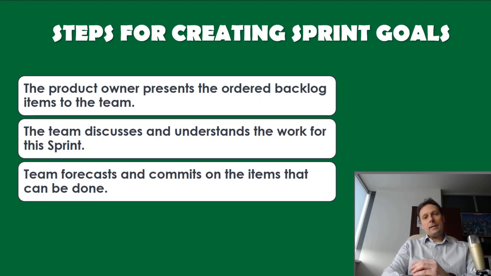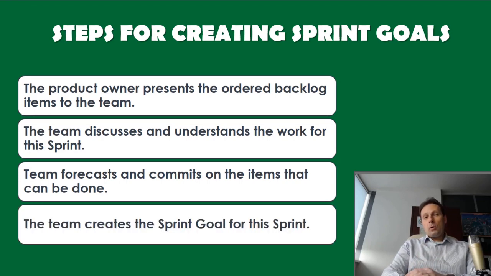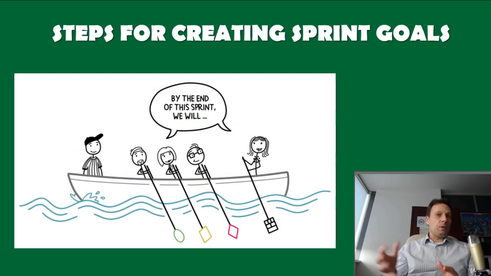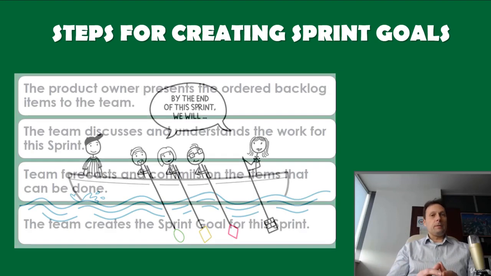Team forecasts and commits to the items that can be done, and the team creates the sprint goal for the sprint. If you want to have some fun, use metaphors to come up with a catchy sprint goal name that will represent the objective the team is going to strive for during the sprint.